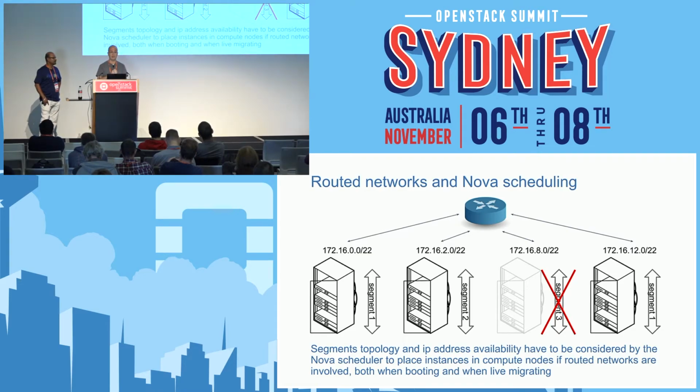But now the problem is that Nova is not able to dispatch that instance for execution on any random compute host, because if you create a port and that port has an IP address, then that port needs to land in a compute node where that IP range is available.